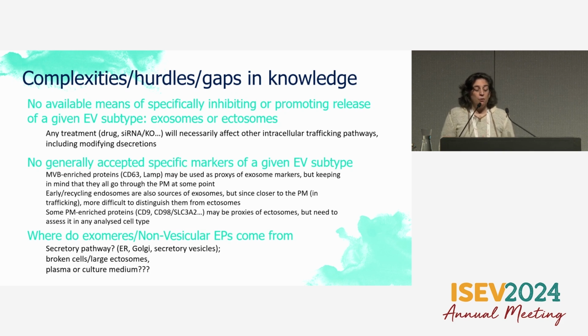Then another big question that remains since the exomeres or the non-vesicular EPs have been described is where do they come from? Where are they secreted from in the secretory pathway? Are they really coming from live cells, or are they byproducts of broken cells or from the medium? So that remains a big question.